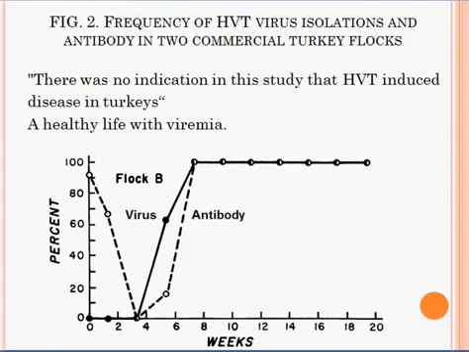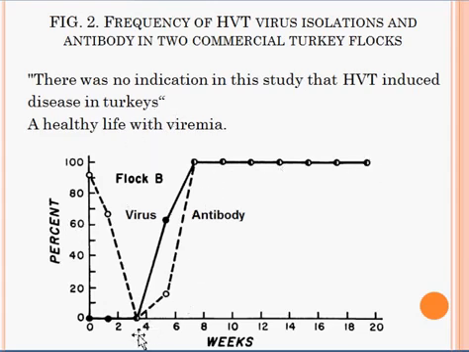So if you take figure 2, you see that the virus appears on the third week, and then you get rapid virus proliferation, and this is the lysis phase, and you get viremia in 100% of the turkeys.